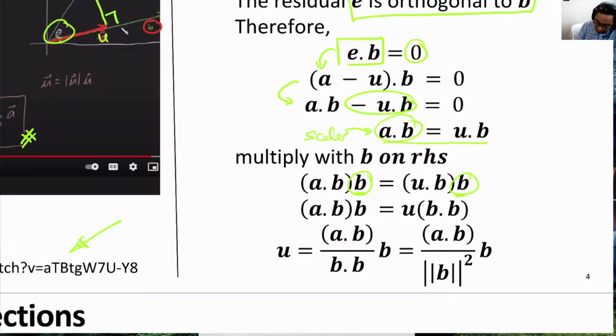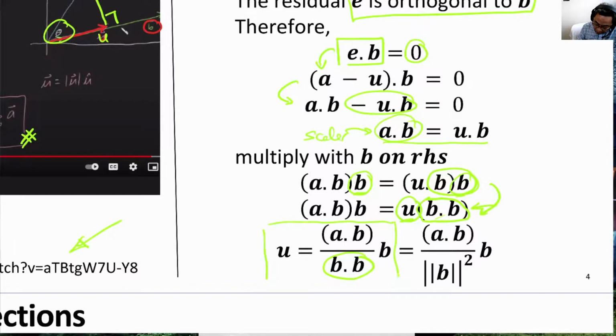We are interested in U. What we can do is open up the bracket and combine U dot B times B to be the vector U multiplied by the scalar B dot B. We now have U being independent, and we can shift this B dot B to the denominator, over here, and we finally get this equation.